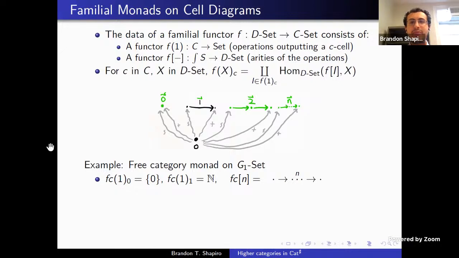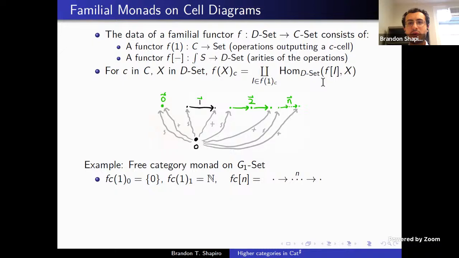And then given that information, we have this general form for the familial functors where we send a D set X to a C set whose C cells, where little c is an object in the category big C, are given by this disjoint union of representatives, represented by these arities.